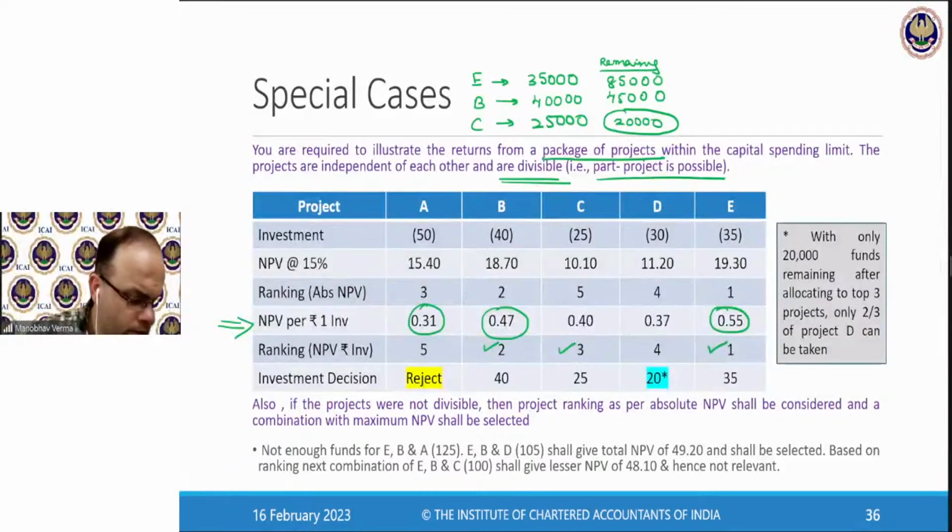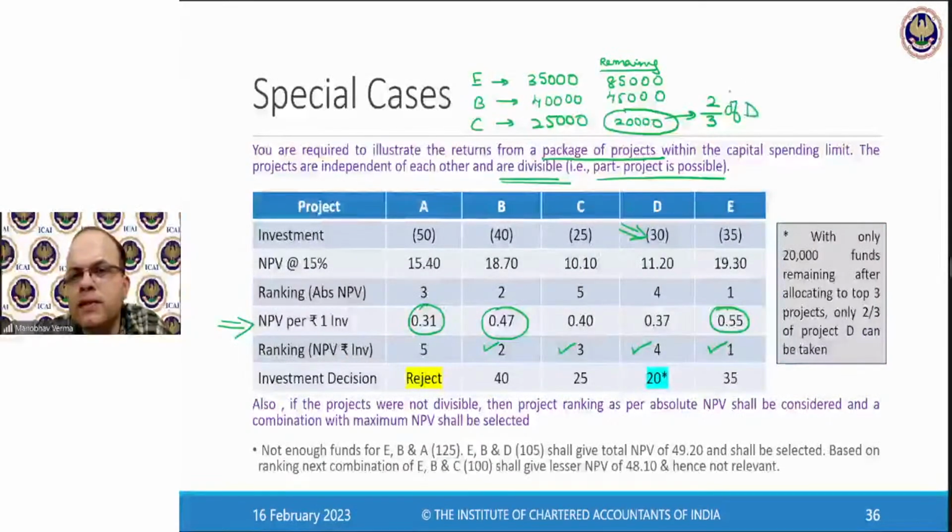Mind you, part of the project is acceptable here. Divisible, right? So next in line is project D with a ranking of 4, 0.37. The only problem I have with project D is it requires an investment of 30,000, whereas I am left with only 20,000. So can we say with 20,000, we can select 2/3 of project D?